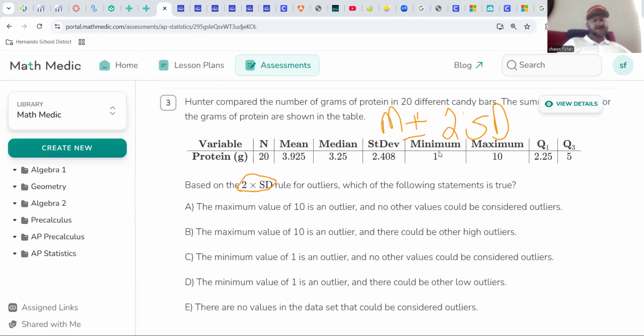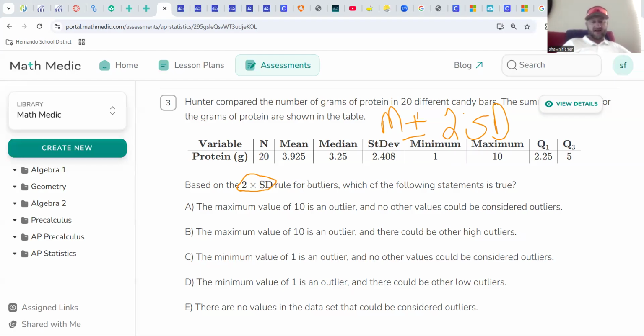Well, they've only given us a minimum of 1 and a maximum of 10. Even if they gave us more points, I know the smallest thing they gave us is 1 because it's right there. There's nothing below that. So therefore, there are no minimum values that could be outliers. So my answer is going to look something like this. The only outlier I've got is 10, but there could be others.